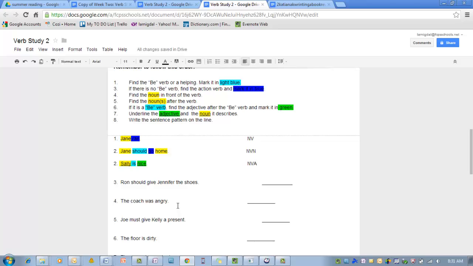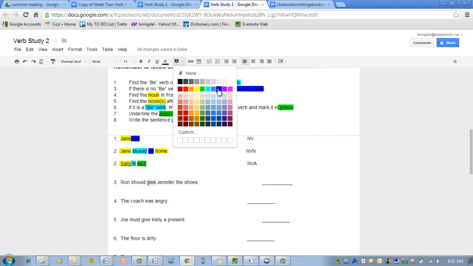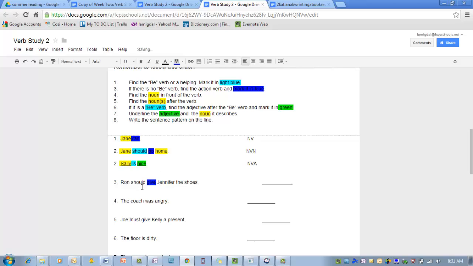Okay, so next we have Ron should give Jennifer the shoes. All right, let's look for our verb. I see give here. Give is an action verb. Okay, if I go right in front of it, I see the word should. Well, should isn't a noun. Should is a helping verb. It's one of those helpers. It's part of the verb. So we're going to make that light blue. Then we're going to go way in front here.